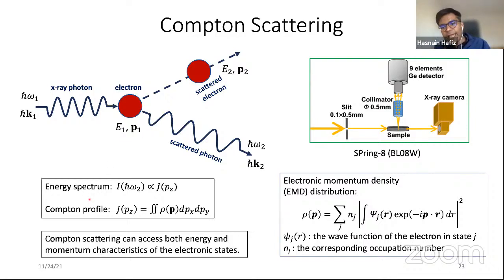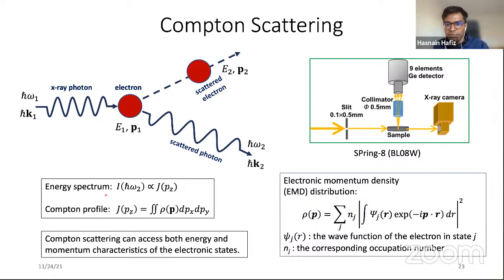This Compton profile can be constructed using electron momentum density distribution, which is related to the electron wave function. As a result, Compton scattering can access both energy and momentum characteristics of the electronic state, which is not that easy to get using other spectroscopic techniques, such as, as I mentioned, X-ray absorption, which can only access the energy characteristics but cannot get the momentum characteristics, whereas in this case that is possible.